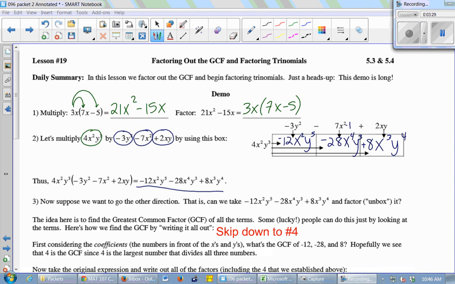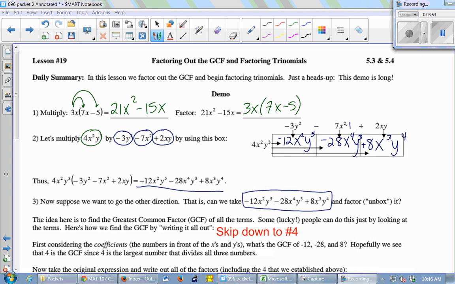Now suppose today what we really want to be able to do is go in the other direction. I want to give you the things in the boxes and ask you to unbox it. What went on the outside in order to get those boxes? The idea here is to find the greatest common factor.